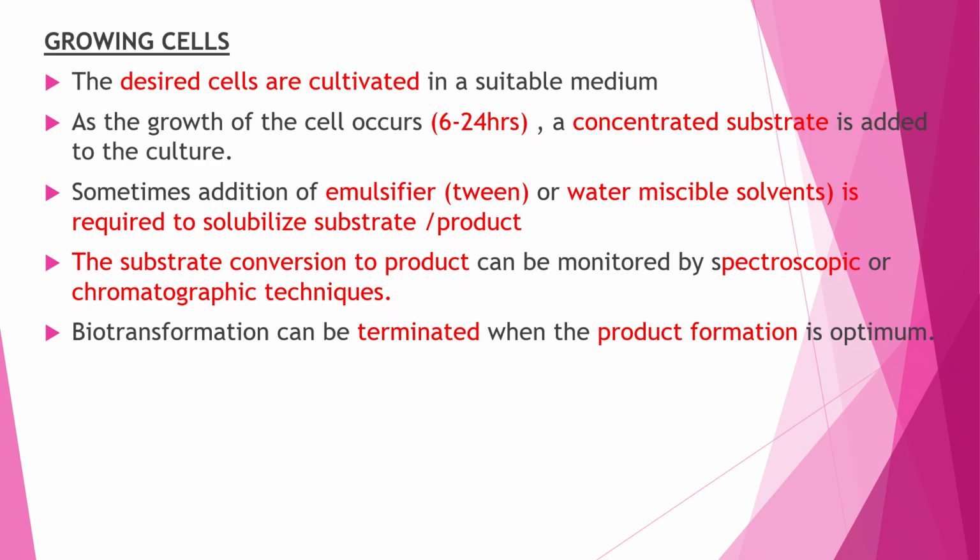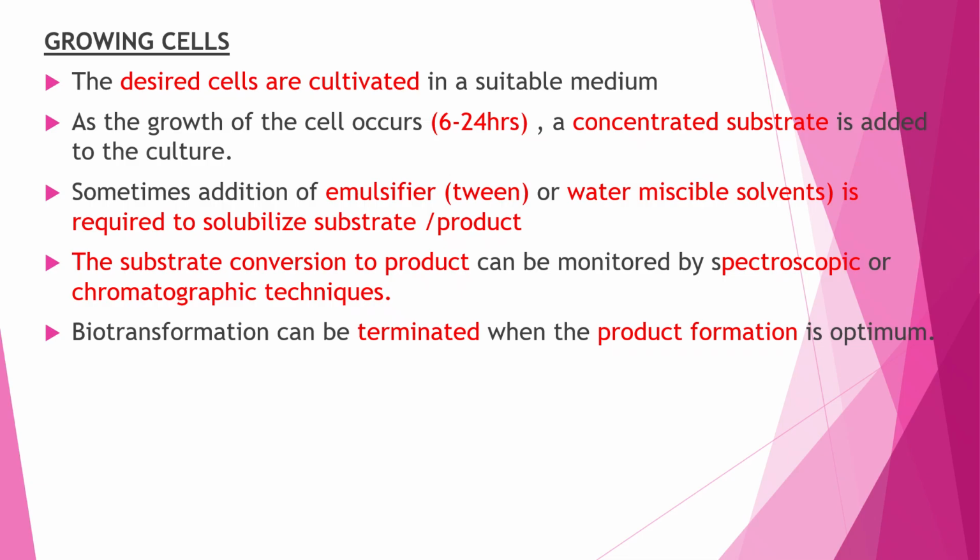Growing cells are the cells which will undergo vigorous growth when incubated with some culture media. In this process, the desired cells are cultivated in a suitable medium, and after 6 to 24 hours the cell growth will occur.